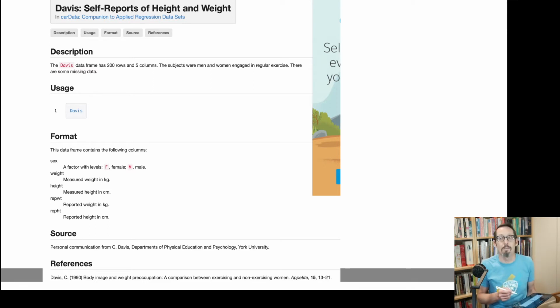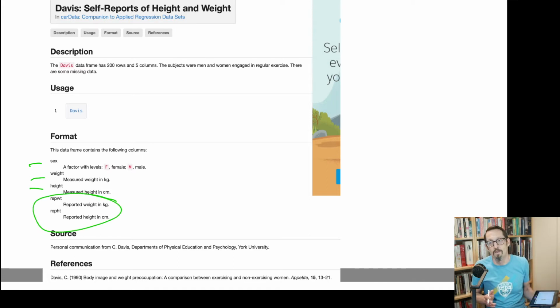Essentially, it's about people, and it's coming from a study about people's body images and their preoccupation with their weight. But all we care about is the numbers, not the science behind it. You can see here that we have sex, weight, height, and also a reported weight and height, which is potentially different than the actual weight and height. All right.